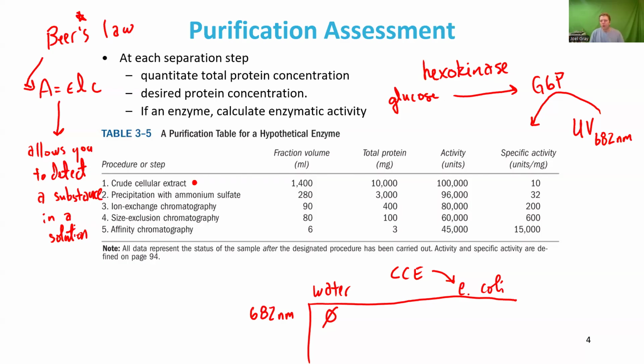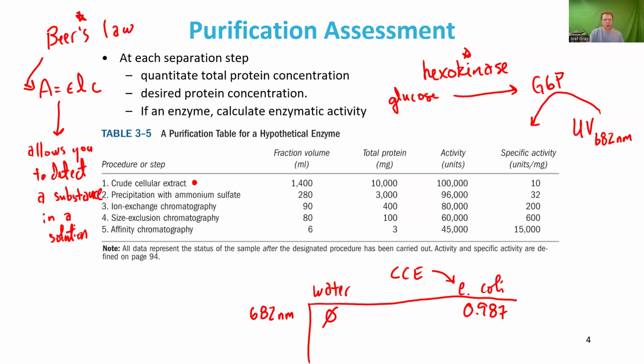Okay. Now, let's say in E. coli, which does indeed have hexokinase, let's say that you measure the absorbance to be 0.987.